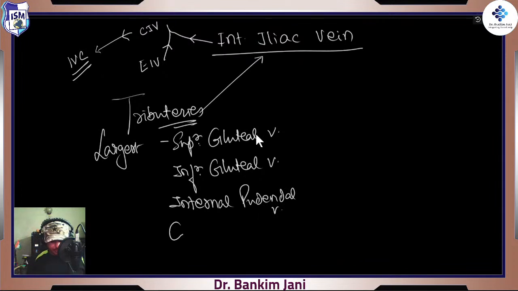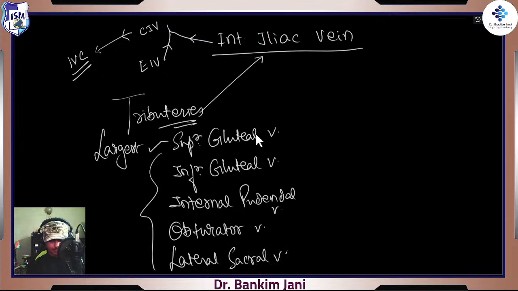Obturator was there, here also this is the obturator vein. Lateral sacral, so here also there is the lateral sacral. So practically all of them. And just remember the superior gluteal was the largest, and they lead to the formation of the internal iliac vein.